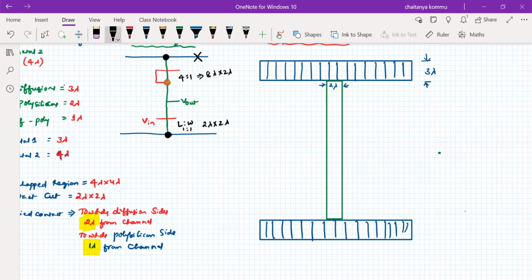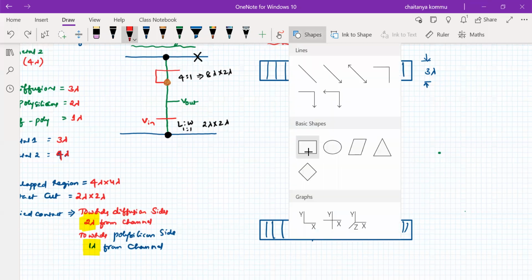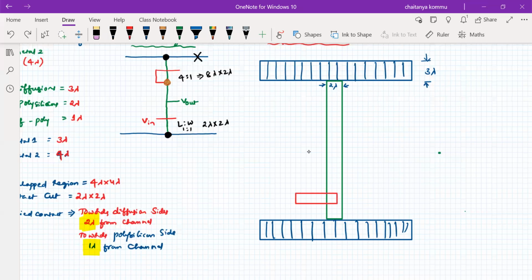Okay, so therefore what I can do in this sense is that I have to consider one line here.